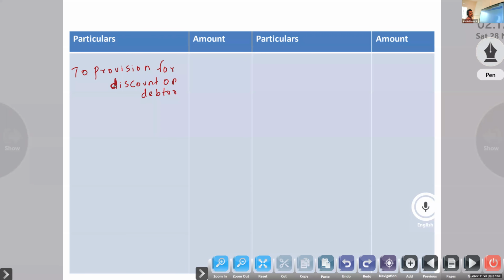So discount on debtor, no need to calculate, it is already given in the question. Otherwise, from debtors you have to minus further bad debt and new provision, then multiply by the percentage. If it is given directly, it is very easy.